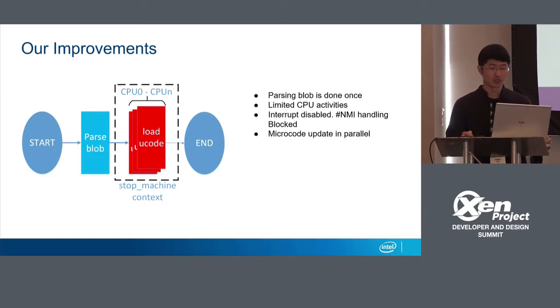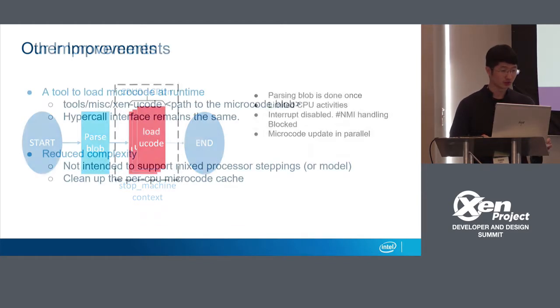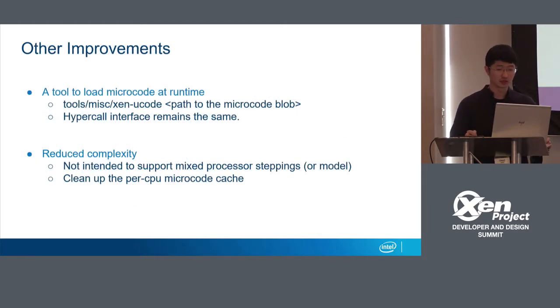Also, loading microcode is done in parallel, and at the rendezvous, CPUs only execute instructions related to the microcode update. So this is our improvement, and there are other improvements.